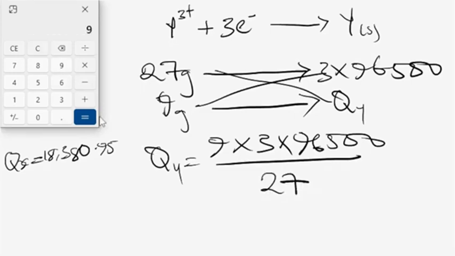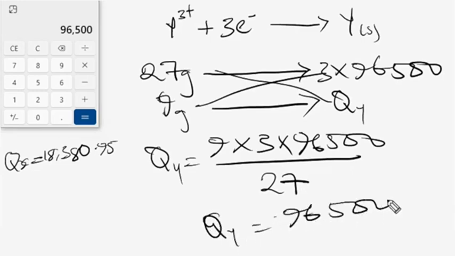So we're going to have 9 times 3 times 96,500. So we'll divide this by 27, and then this will give us Q for y to be 96,500.